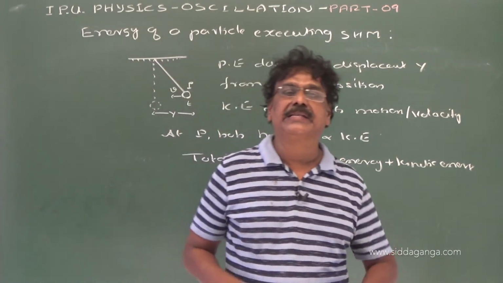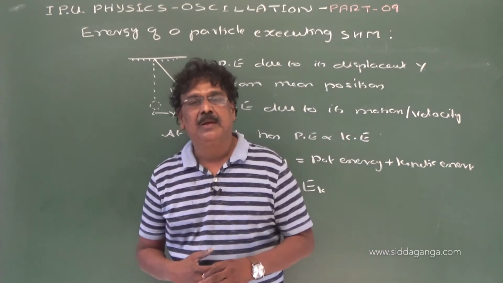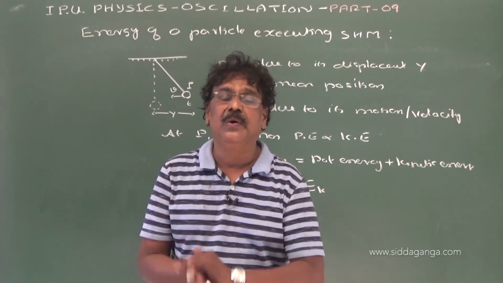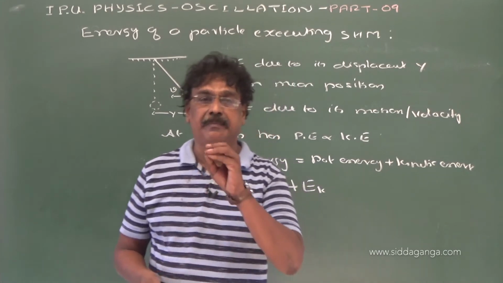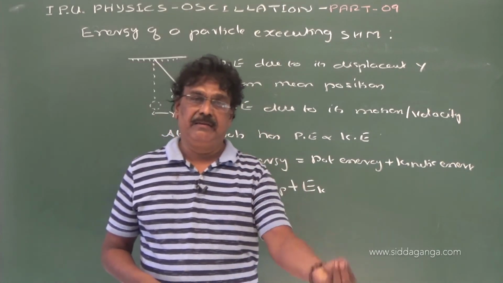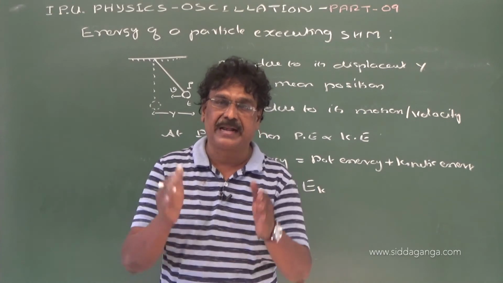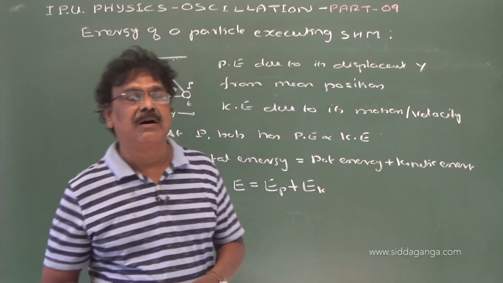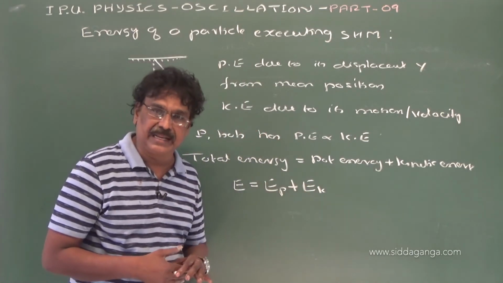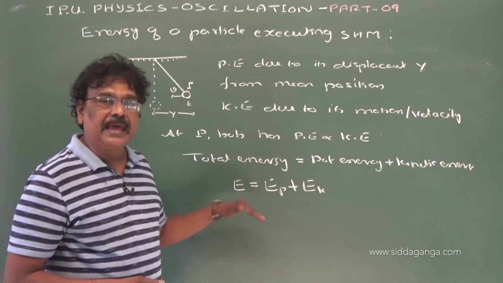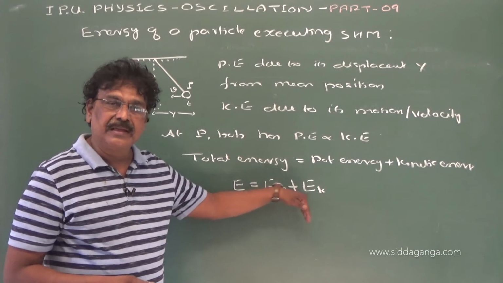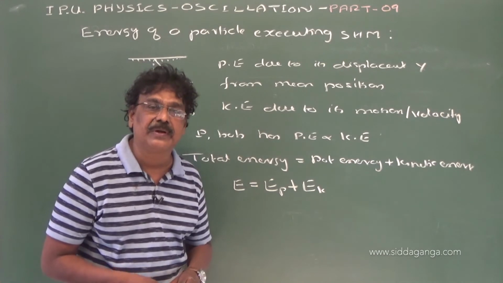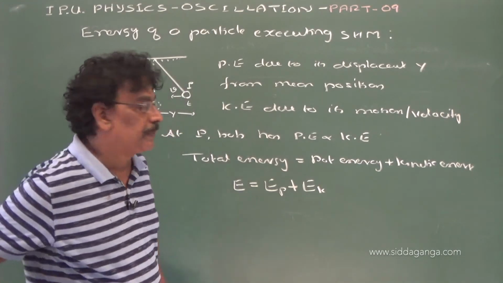So a particle executing simple harmonic motion possesses both potential energy and kinetic energy due to its position from the mean position and the velocity at any instant of time. And of course, total energy is equal to the sum of potential energy and kinetic energy. Now, let us find expressions for potential energy, kinetic energy and the total energy of a particle executing simple harmonic motion.